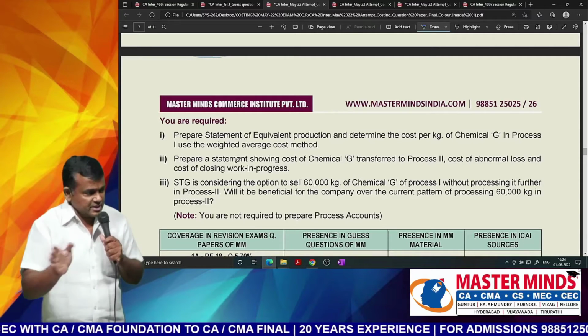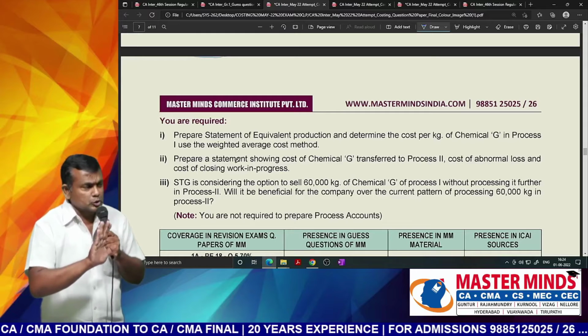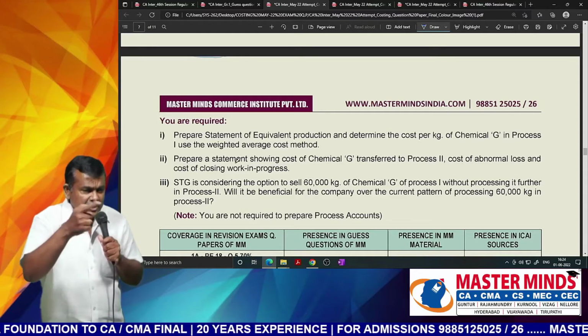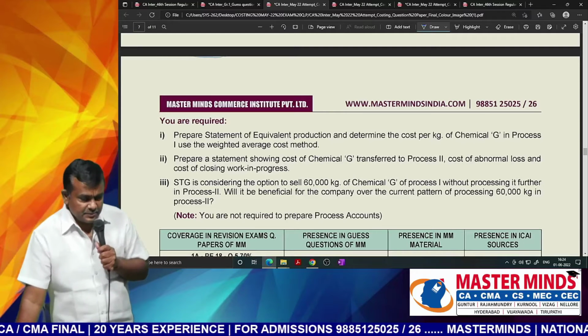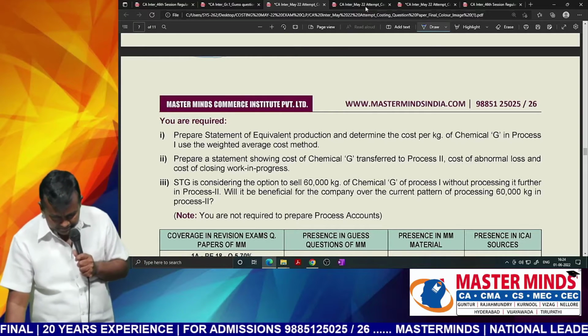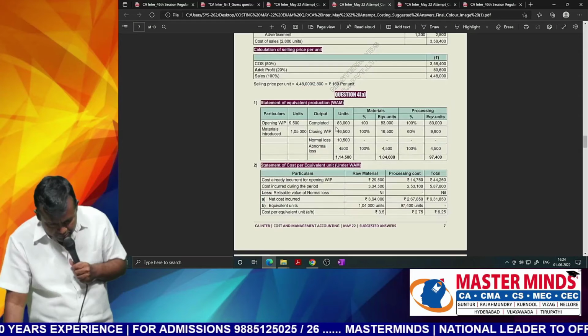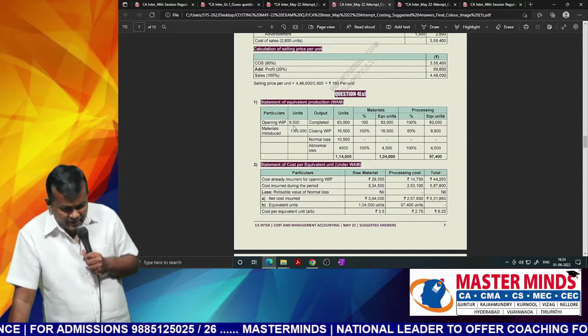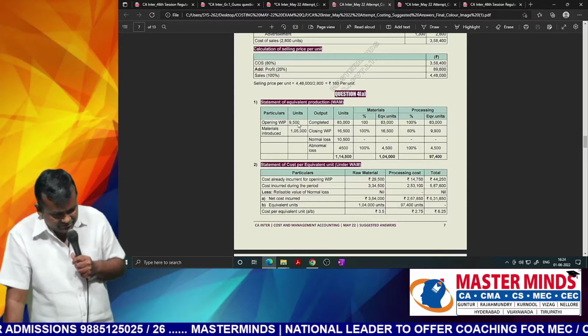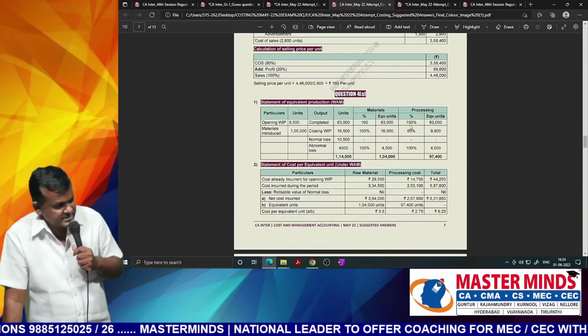So in all sections that is 100%. So don't segregate. So finally one line, units completed, sir. So here question number 4A, opening work in progress 9,500 units completed in all sections, 100.